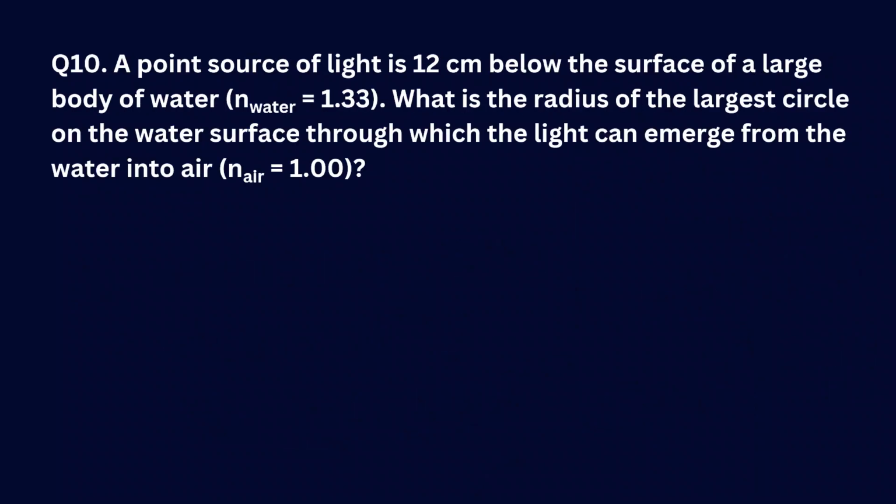Okay. Next question. I believe this is the last one. A point source of light is 12 centimeter below the surface of a large body of water. What is the radius of the largest circle on the water surface through which the light can emerge from the water into air?